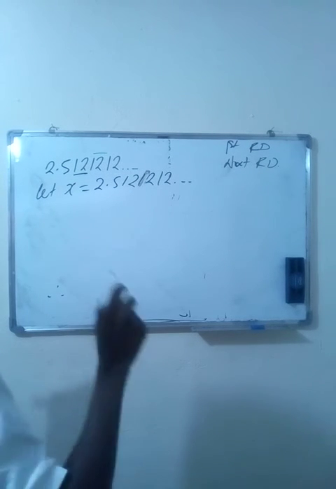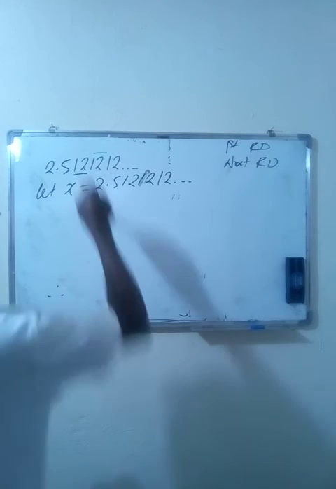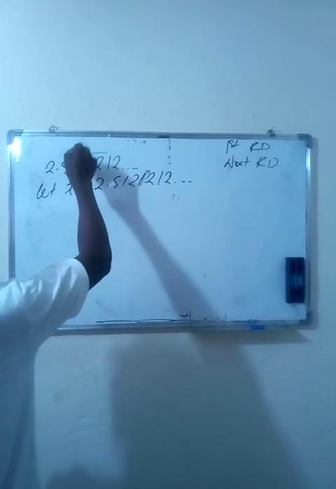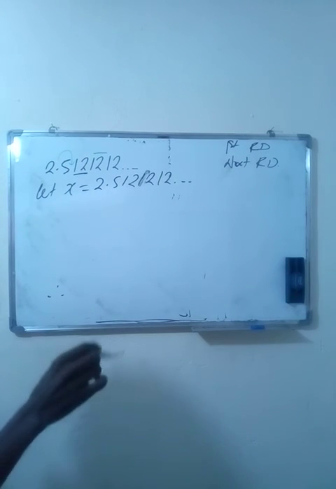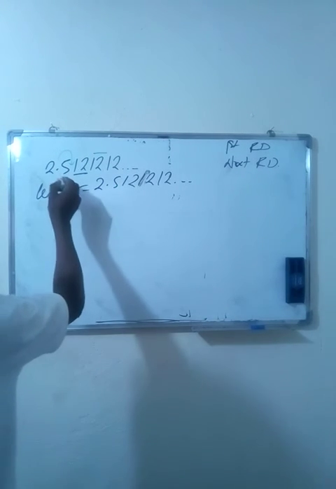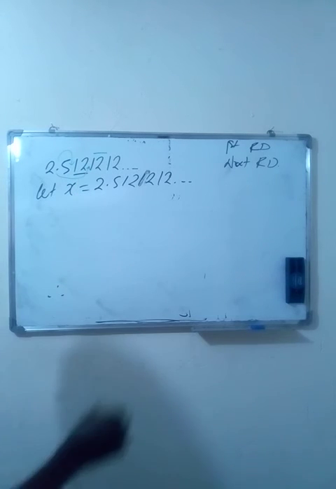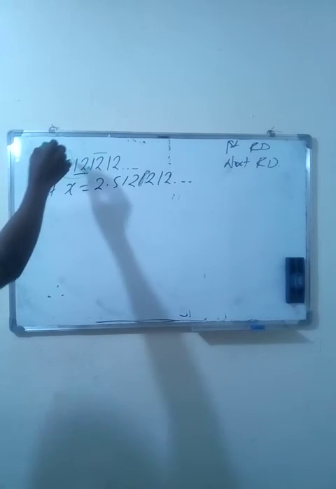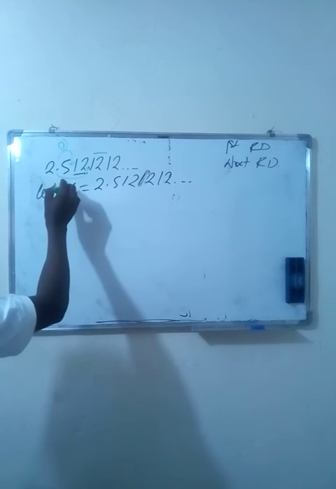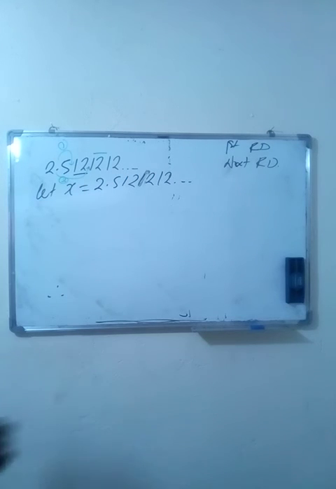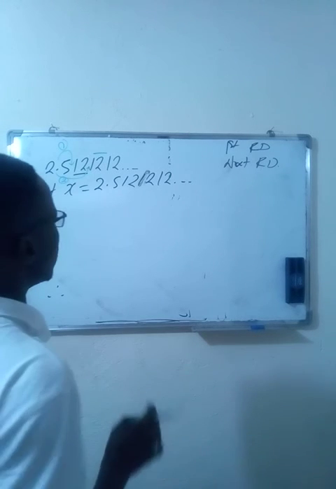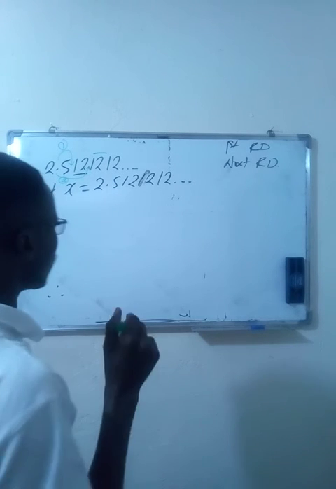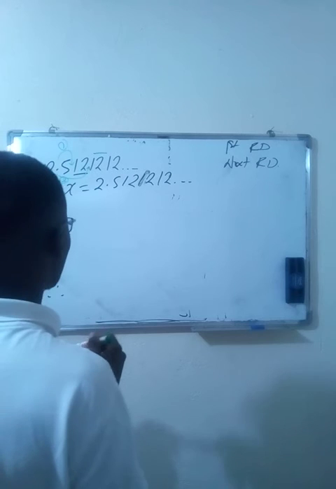So we have to move the point to the first repeating decimal. We have to move it here. This is step 1, and then step 2, we move it to the next repeating decimal. Okay, are we together? So we first have to move it to the first repeating decimal. How do we do that?